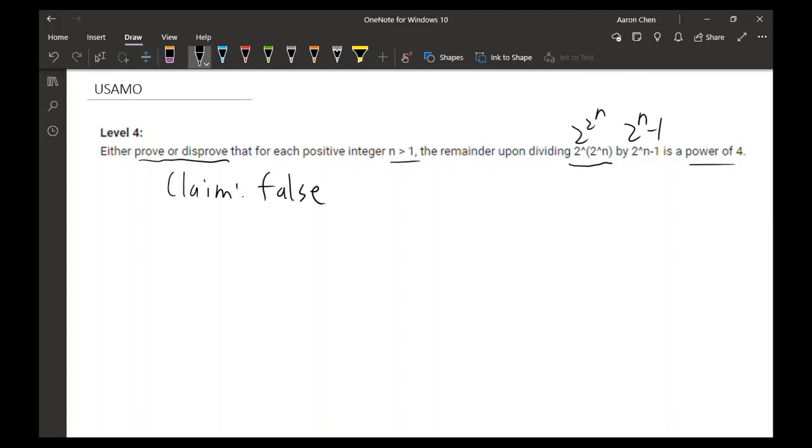We know that clearly 2 to the n is congruent to 1 mod 2 to the power of n minus 1. And this holds for any n.